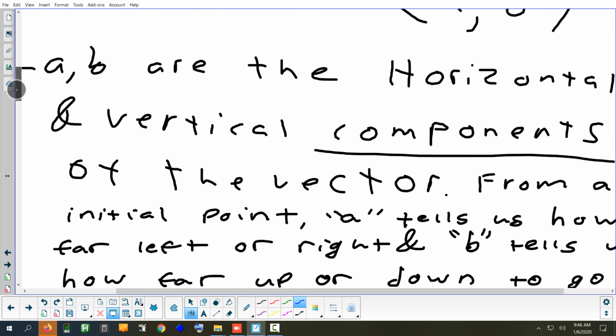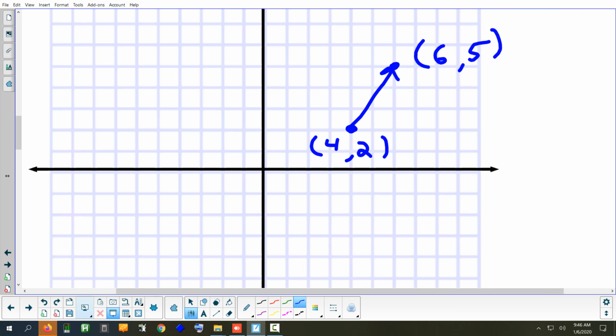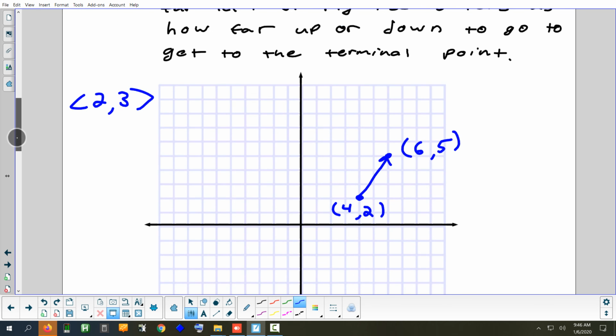Now, we already know the answer. It's 2, comma 3. But knowing that answer, does anyone see how you could work backwards from knowing those 2 coordinates and get a 2 here and a 3 there? Yep. You have to go to the left 4 and down.